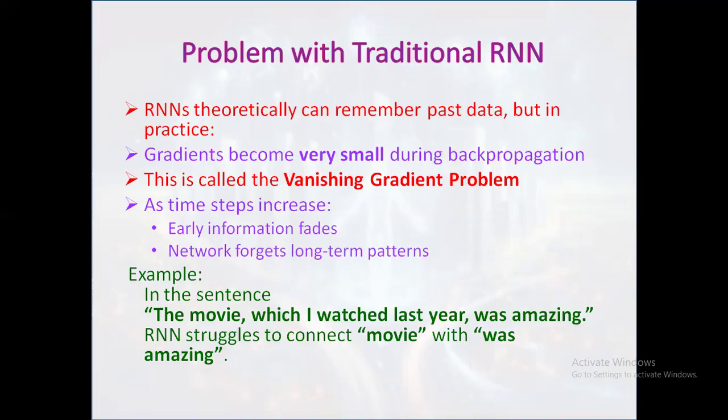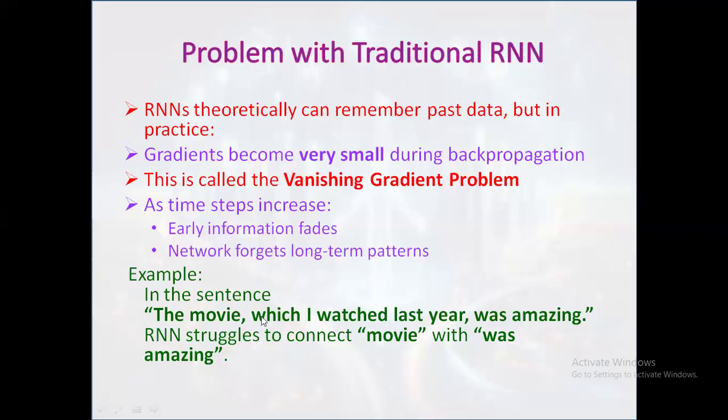This creates the vanishing gradient problem, where earlier time steps receive almost no learning signal. As a result, the model forgets information from the distant past and mainly relies on recent inputs, which limits its ability to model long-term dependencies.